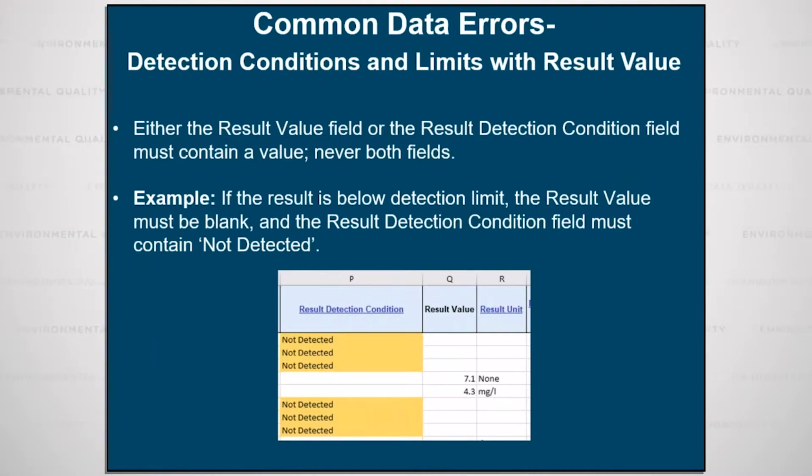Again, this is a small nuance, but things to look out for whenever you're dealing with non-detects and other blanks of some sort, lower detection limits, upper detection limits, things like that. This particularly pertains to non-detects.